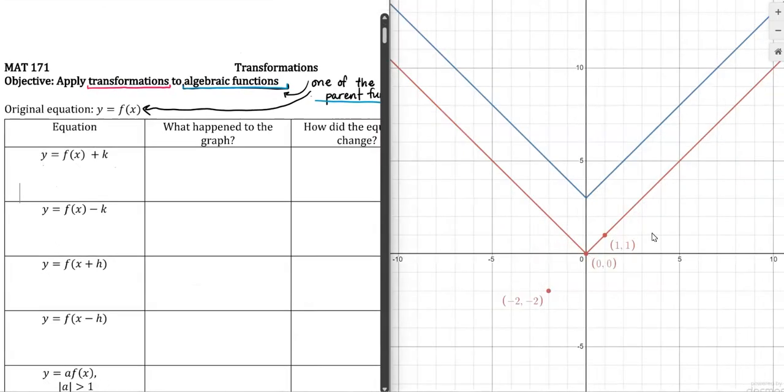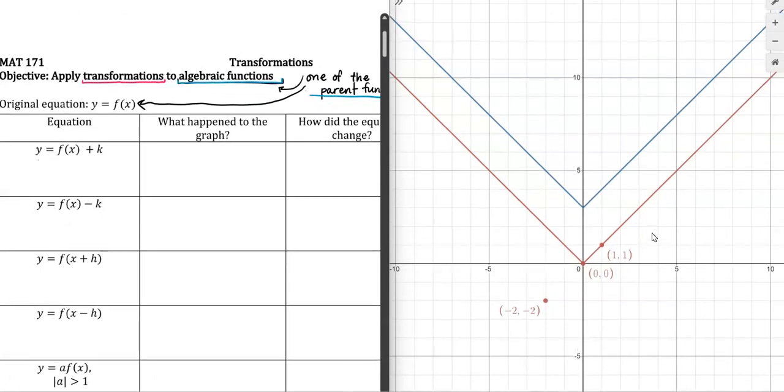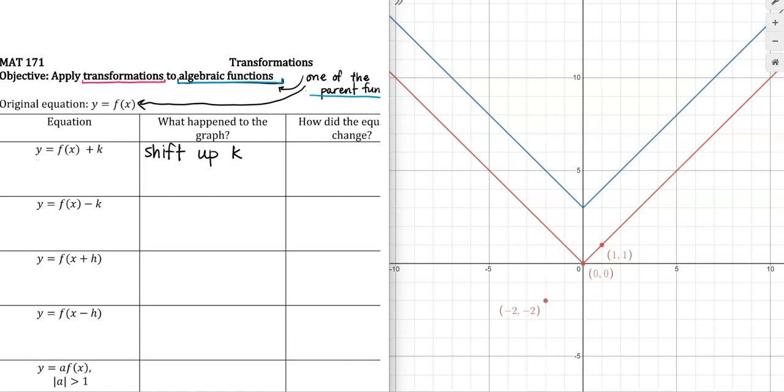And we can see from looking at it what happened to the graph. Well, the graph shifted up 3. Generally speaking, it is a shift up k units, because if I had added 4, then it would have gone up 4. So the graph shifted up 3 units, and in general, it will shift up k units.